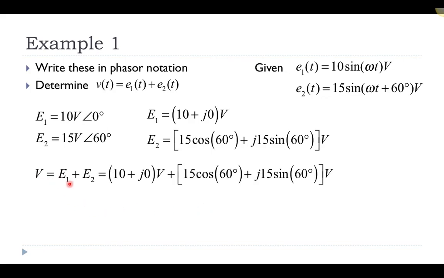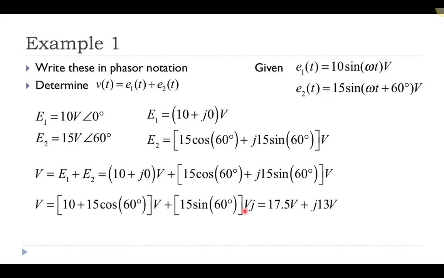And so now I can add those two values together. If I add those two values together in complex form, I would add the real parts together, and I would add the imaginary parts together. So if I add the real parts, 10 plus 15 cosine of 60, I get 17.5. And if I add the imaginary part, 0 plus 15 sine of 60, I get 13.